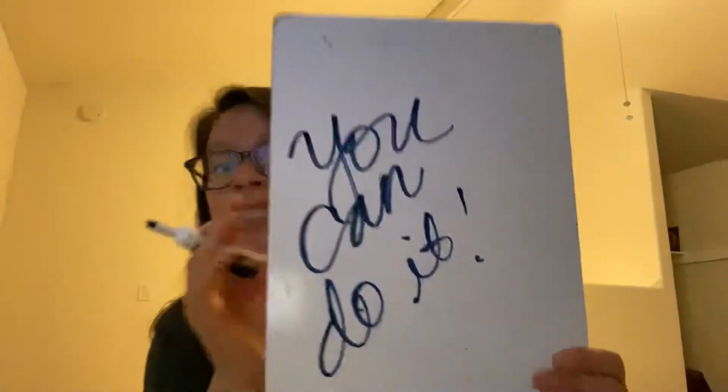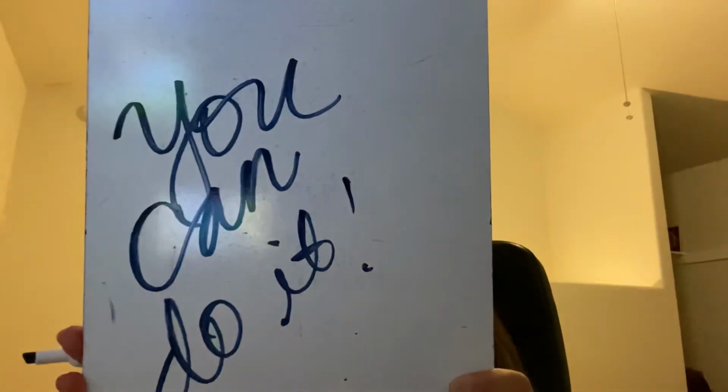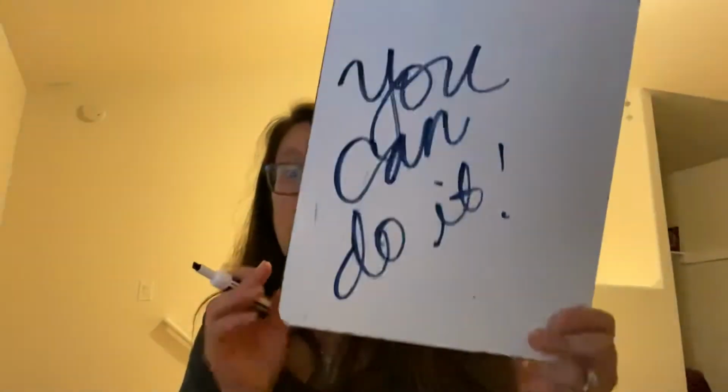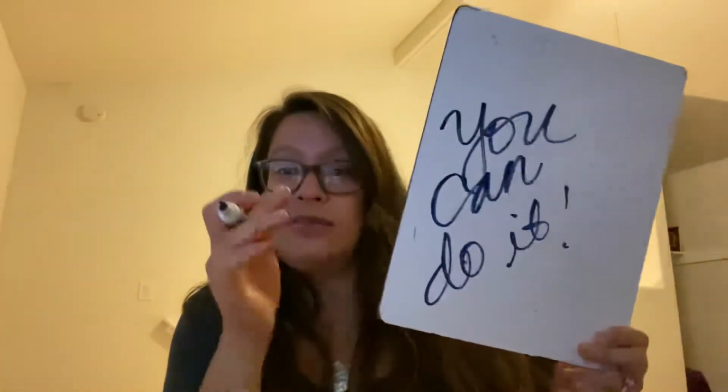Press pause now. Okay. You can do it, 4th grade. You can do anything. You have to just set your mind to it and keep telling yourself, I can do this. Because you can, 4th grade. I know you can.